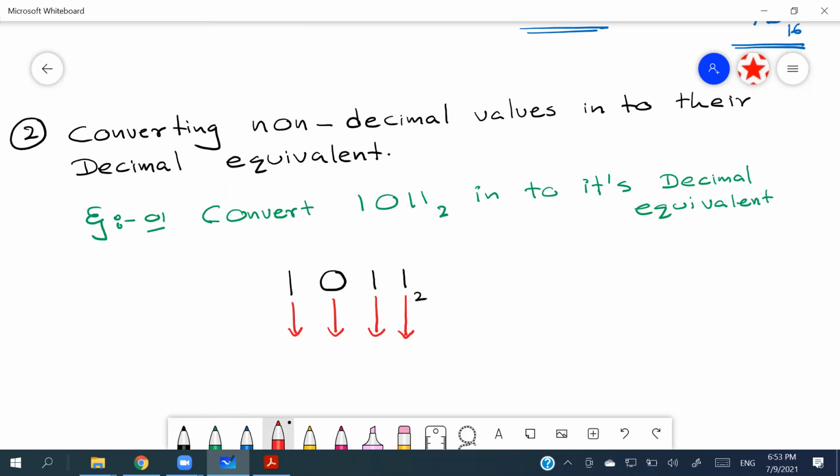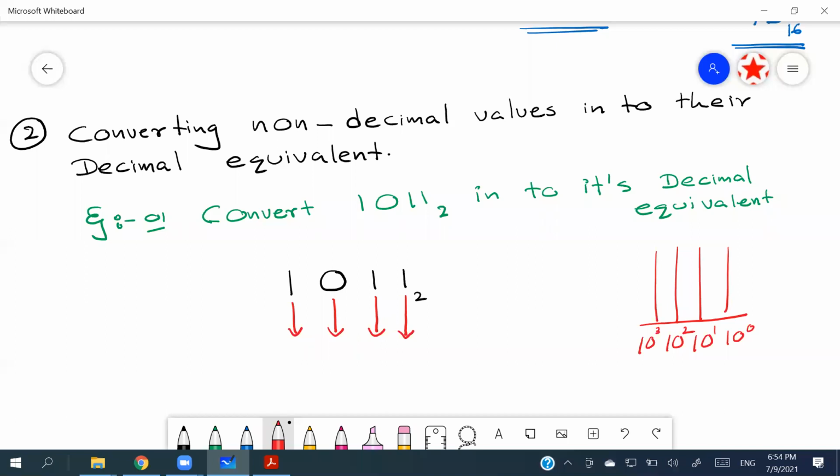Like when we think about the abacus, we discussed this is 10 to the power 0, this is 10 to the power 1, this is 10 to the power 2, and this is 10 to the power 3 likewise. That is why you call them in your childhood, in grade 1 or 2, ones, tens, hundreds, and thousands likewise, right?